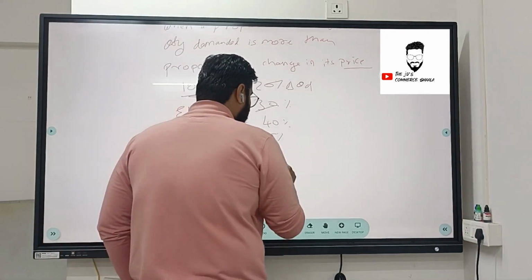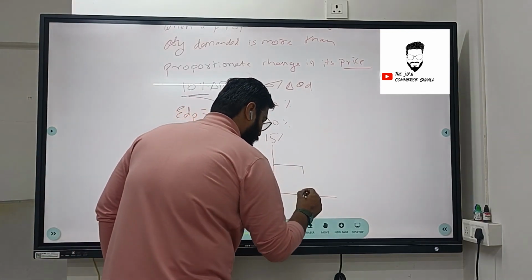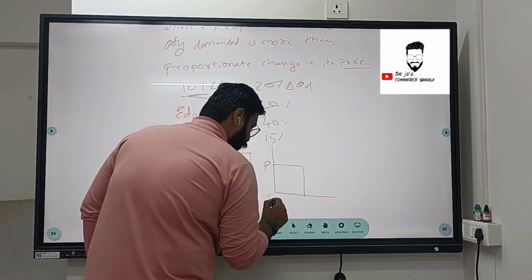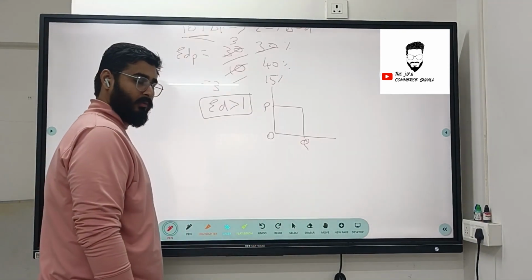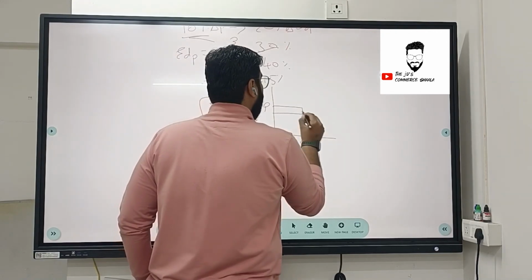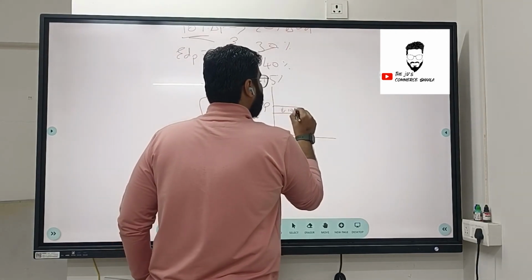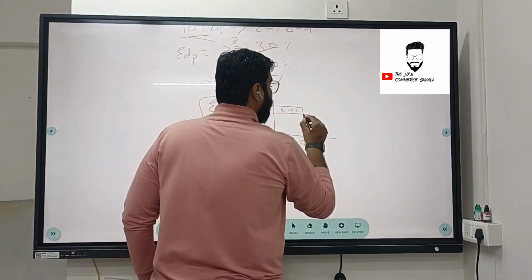Now the diagram. When we draw the demand curve, for example, my price was this much, OP, and the demand was OQ. Price changes little. A 10% change in price brings more than a 10% change in demand.